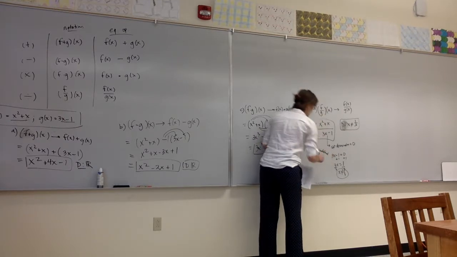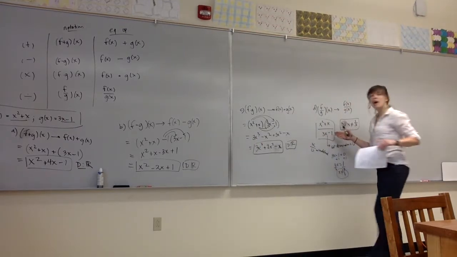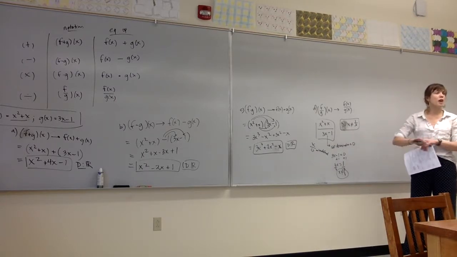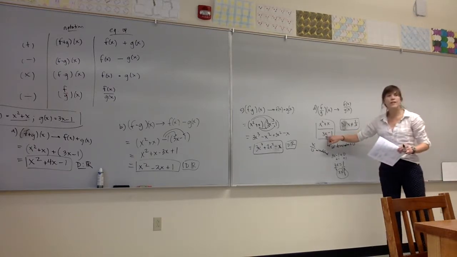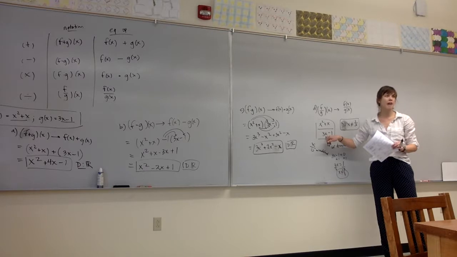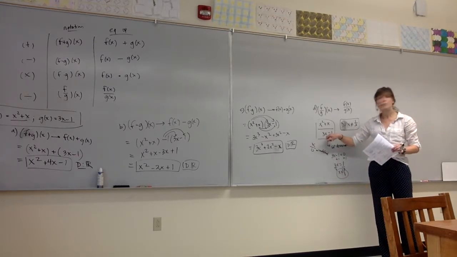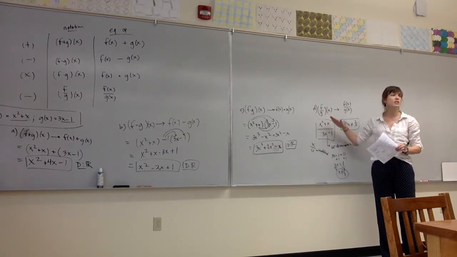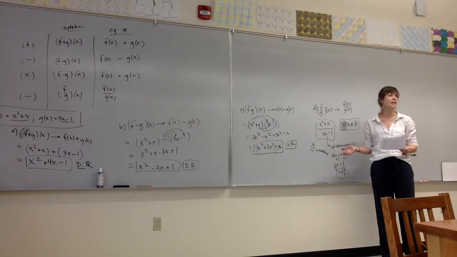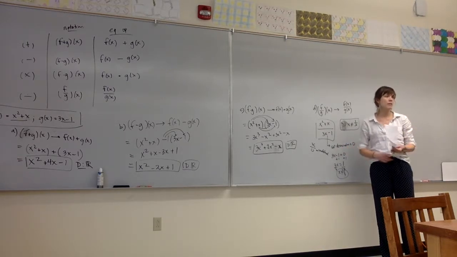So when I have a denominator, I have to make sure that I'm not going to choose any x value that's going to make this function undefined. So if I plugged in 1/3 here, 3 times 1/3 is 1. 1 minus 1 is 0. That would make this function undefined, so there would be a gap or a break in the graph of this function. Oh, okay, wait, can I write that down?